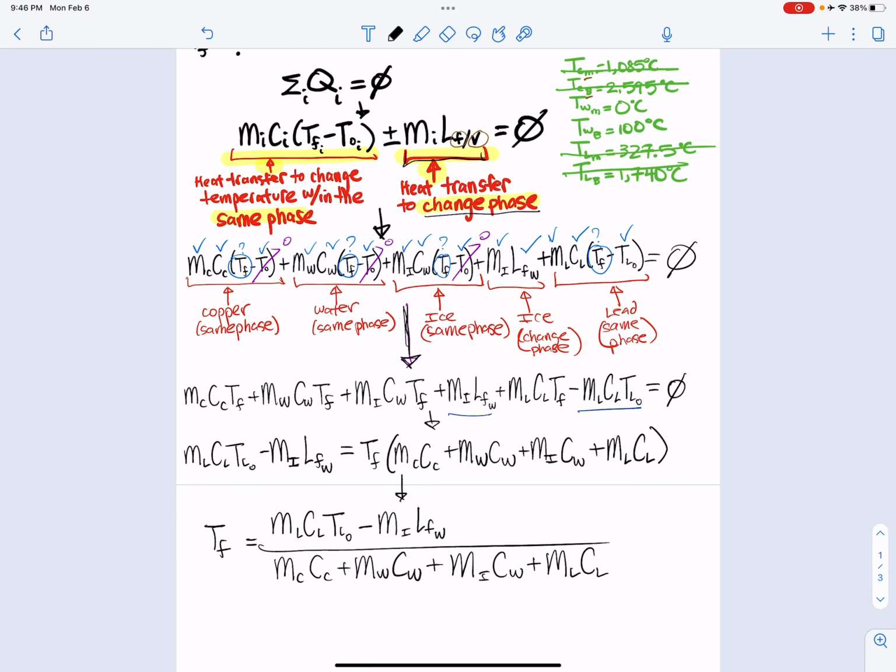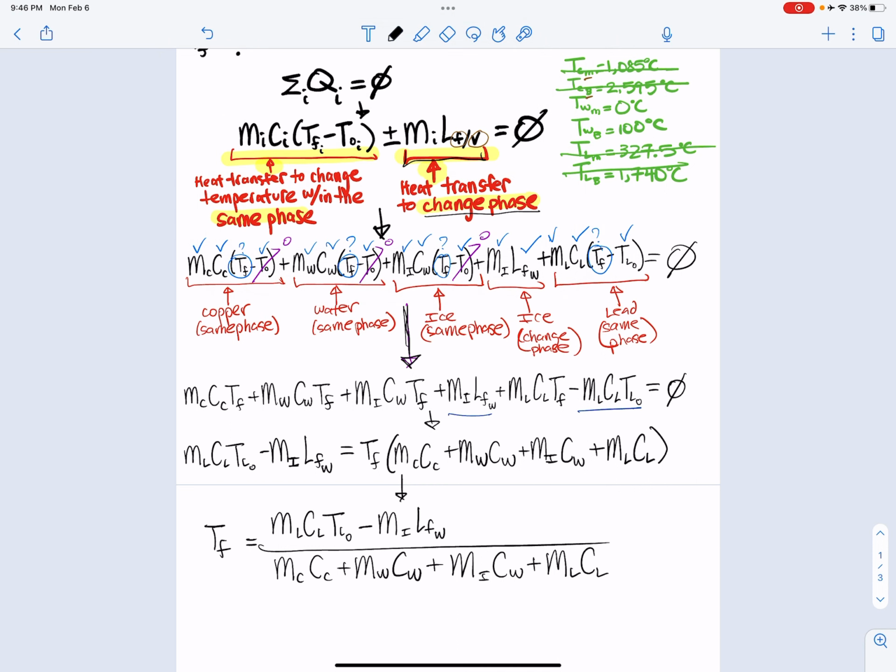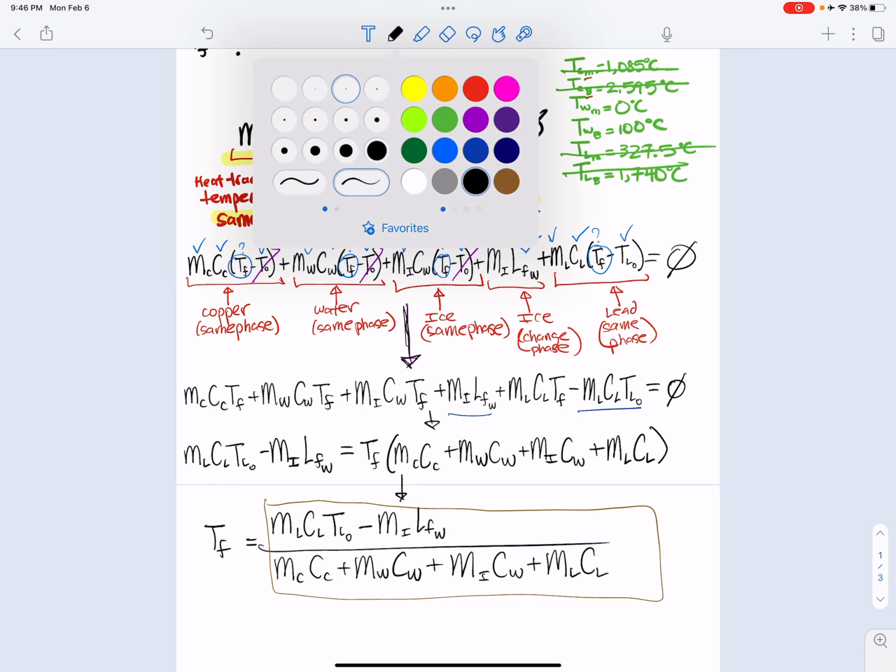So I know the values for everything in here, right? So I could find my final temperature.